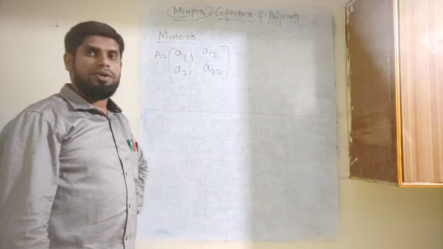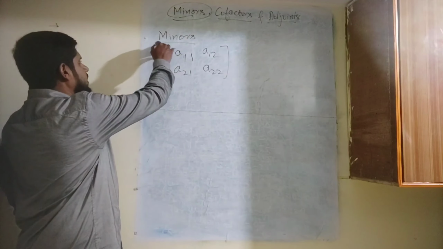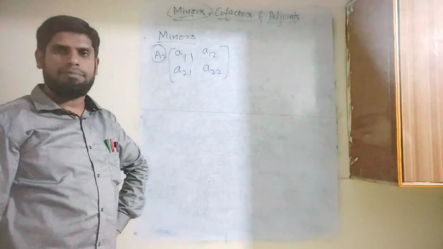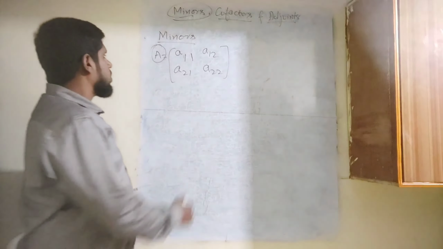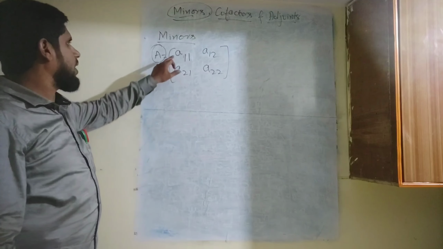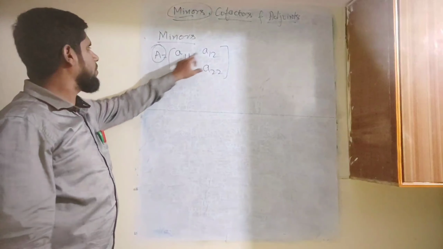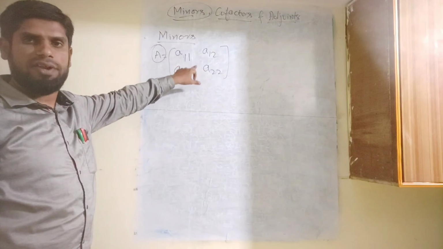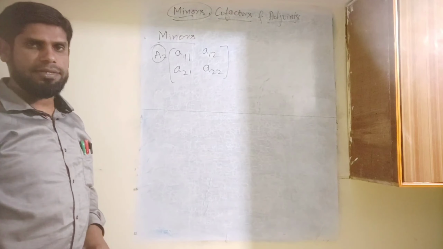Now here, if I want to find the minors of this matrix A, then I should find the minor of each and every element of this matrix. There are 4 elements here, so for each and every element, I should find the minor.